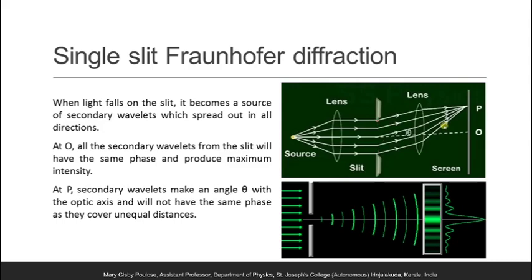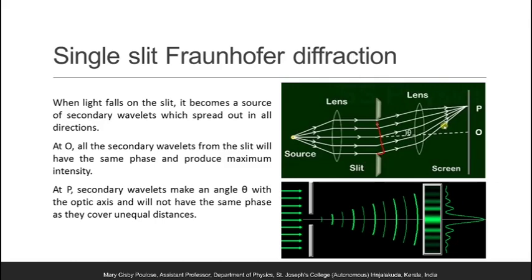To calculate the path difference, we draw a normal from one of the rays to the other. This becomes the additional path traveled by the ray. The path difference between these two rays is this region.